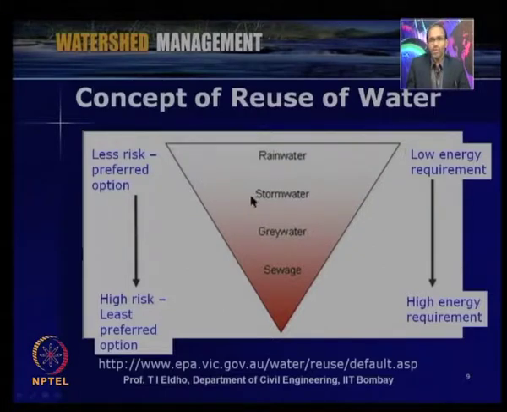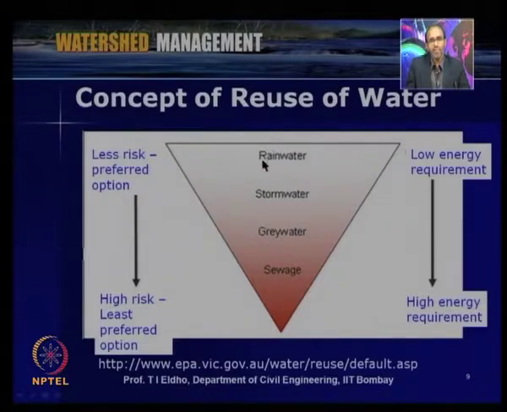When we look into the concept of reuse, as we were discussing in the last two lectures on water recycling, we can use rainwater, storm drainage water, grey water which is not much polluted, and sewage water. So, these four categories of water are available for reuse.